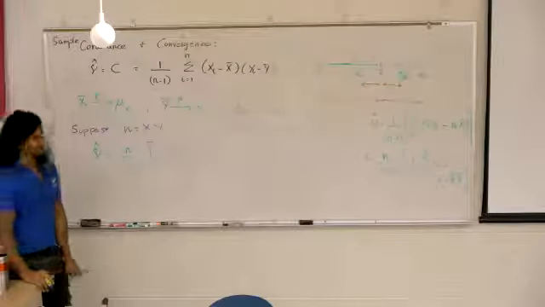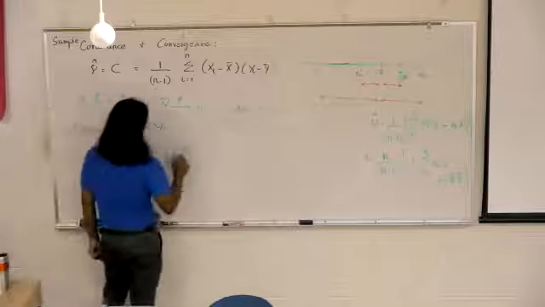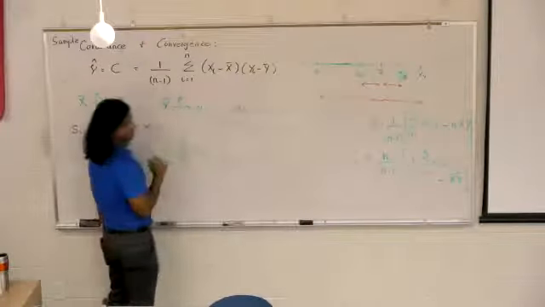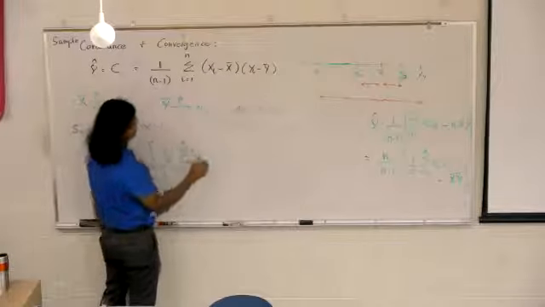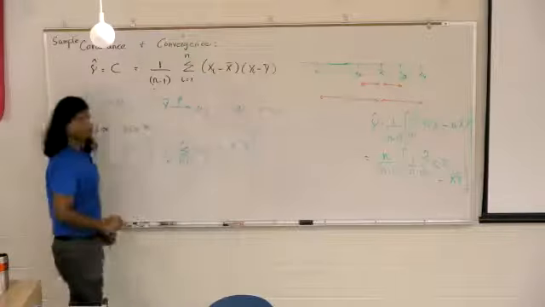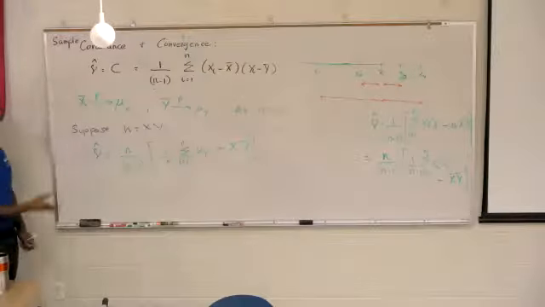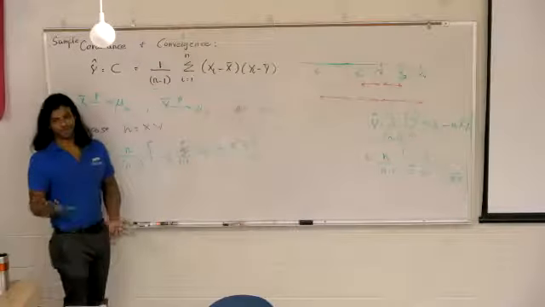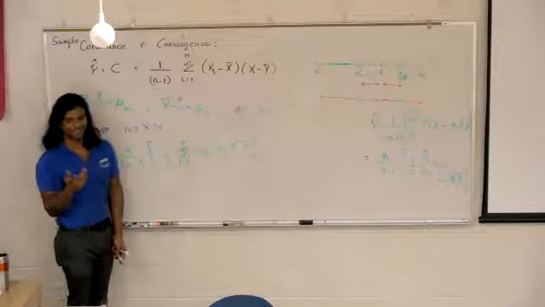Do you agree? So I can write this as the sum i equals 1 to n of wi, minus x bar y bar. But then that is nothing but w bar. Do you agree?